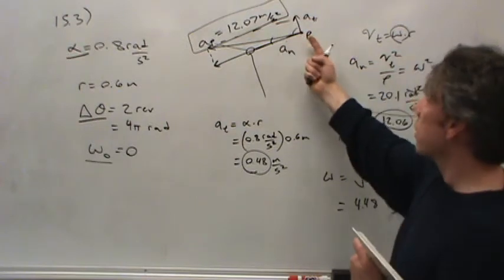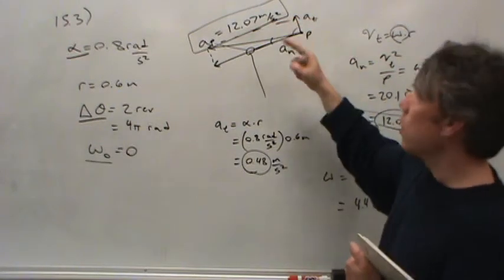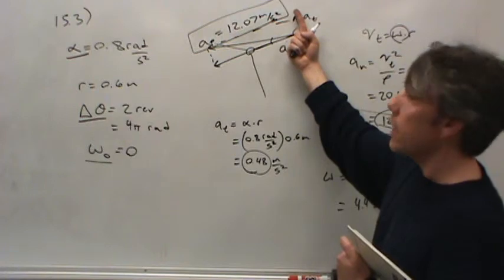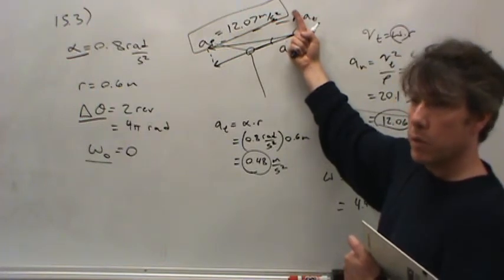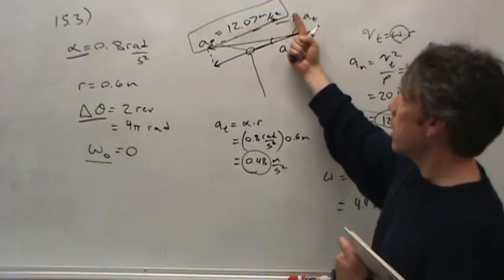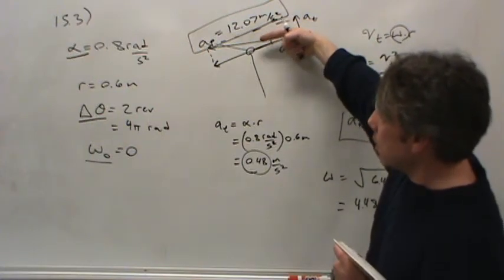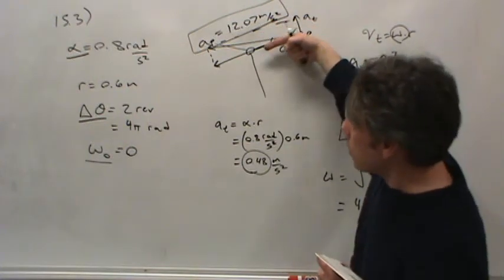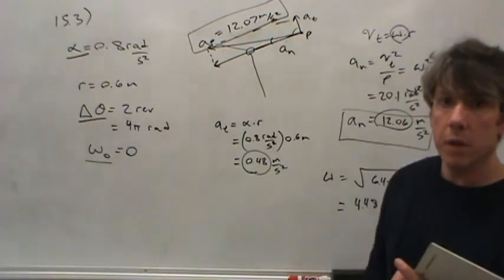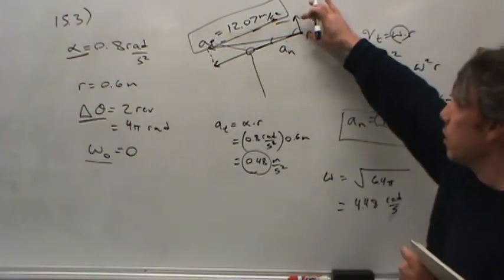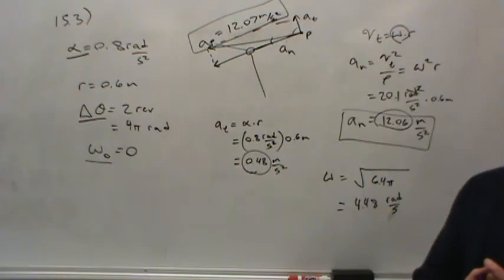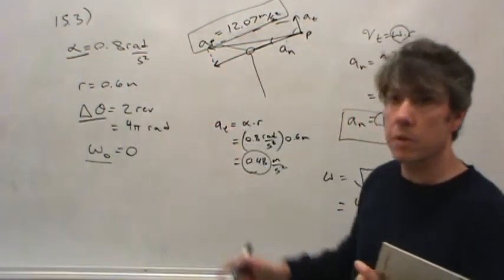There's none, because there's no tangential velocity. So all of the acceleration of point P is in the tangential direction. So if you're riding on the blade, you would see the acceleration of point P go from here and very quickly get longer and longer and longer until it's approaching a pure normal acceleration.